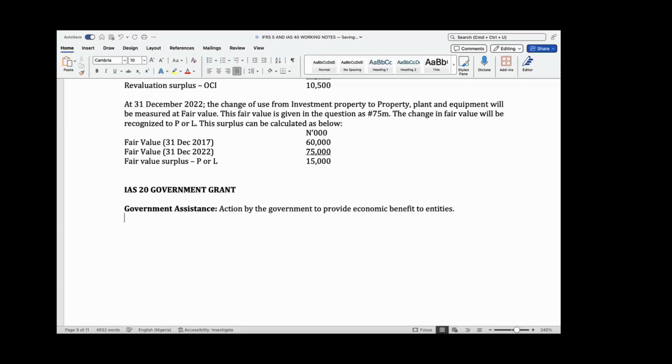So then let's now come down to government grants. You see, government grant is also a government assistance. Okay, so government grant is under government assistance. However, this one is majorly to provide economic resources.